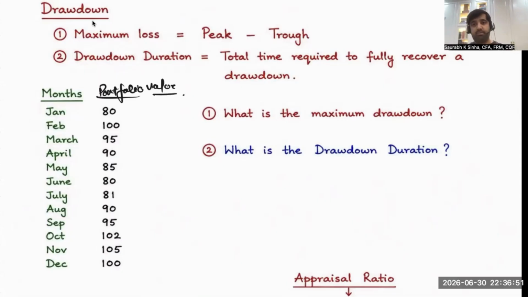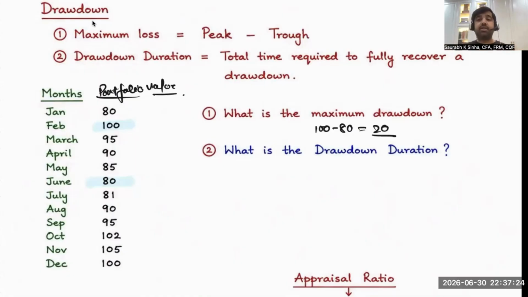The maximum value is 100, then it keeps falling, and the lowest value is 80. The difference between the two is 20%. That is your maximum drawdown: 100 minus 80 is 20.